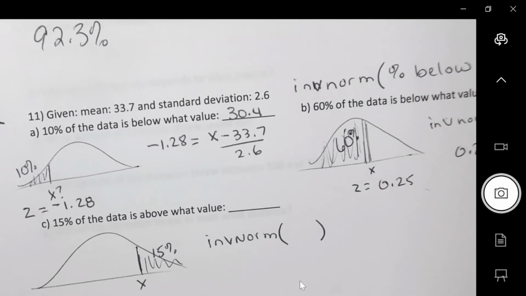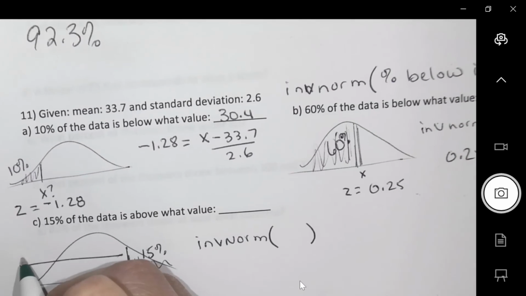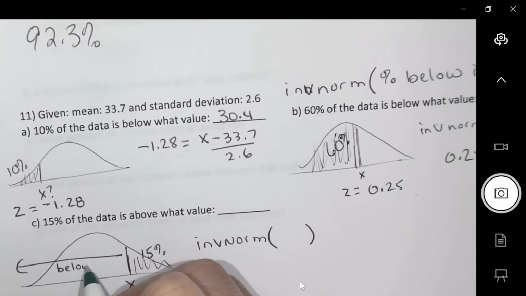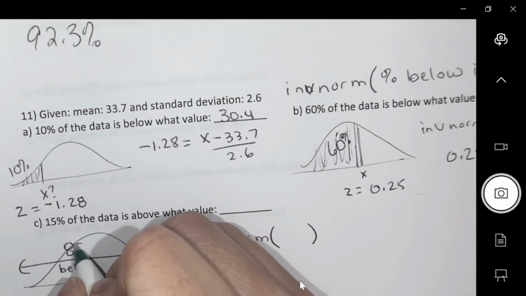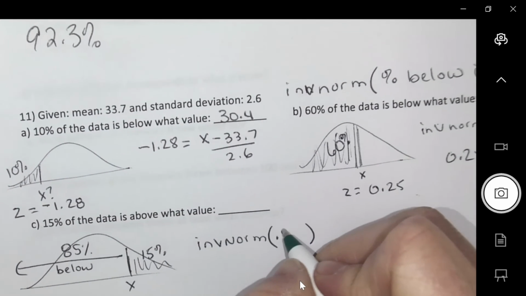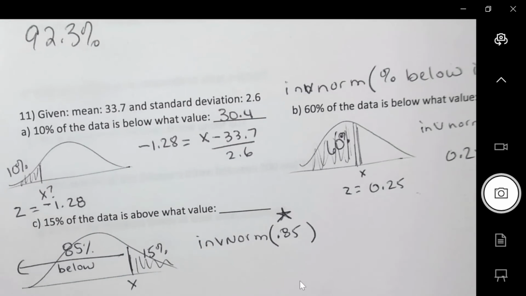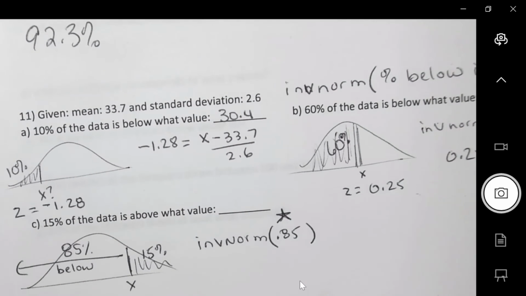So what is below that? So what, can you figure out how to do that? What would you do? 100 minus 15? So 85% of the data is below. Okay? So that's where that would be tricky, that you have to remember.